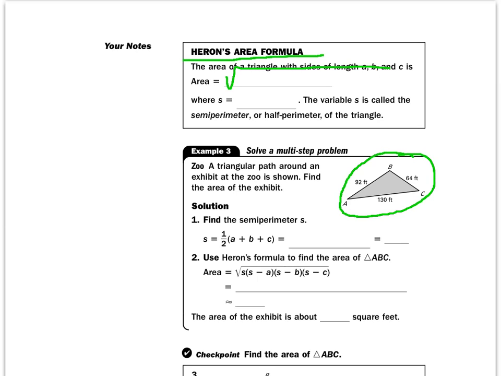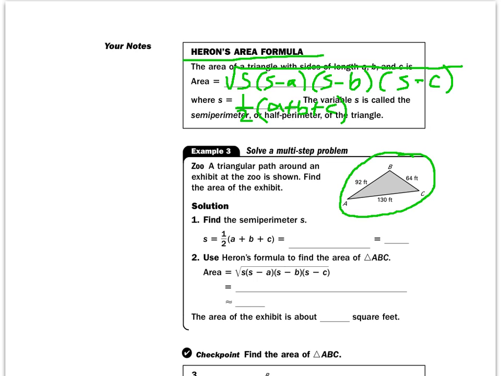The square root of S times S minus A times S minus B times S minus C. Now the A, B, and C are, as we expect, the sides of the triangle, but the S is half of the sum of A plus B plus C. So we add up A plus B plus C and take half of it, and that's your S number.